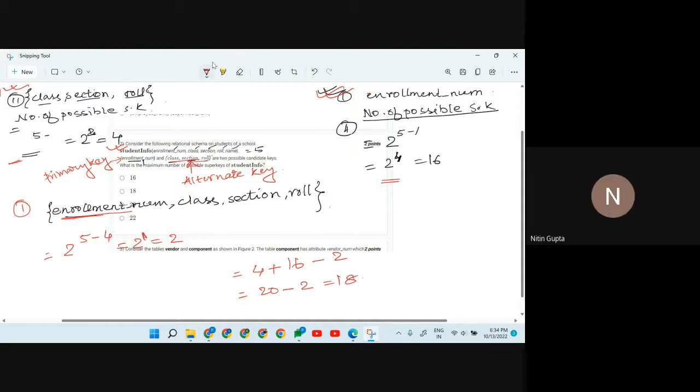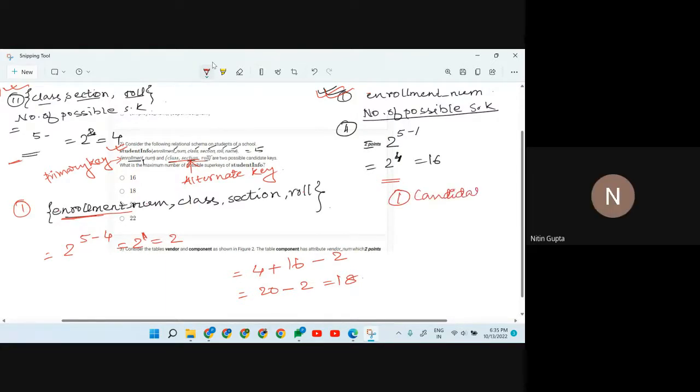Basically, the order of hierarchy is first all the super keys, and from the super keys you identify the candidate keys. In a table, first you have to identify which are the candidate keys.